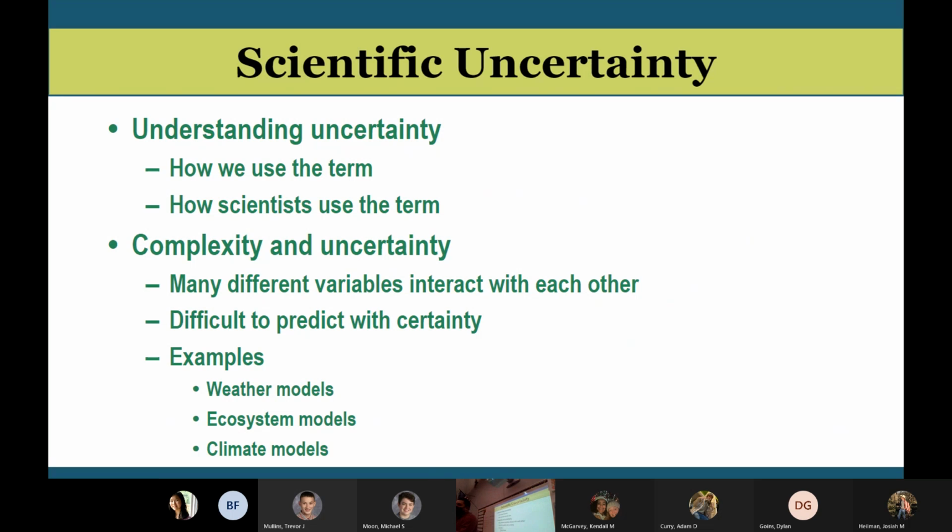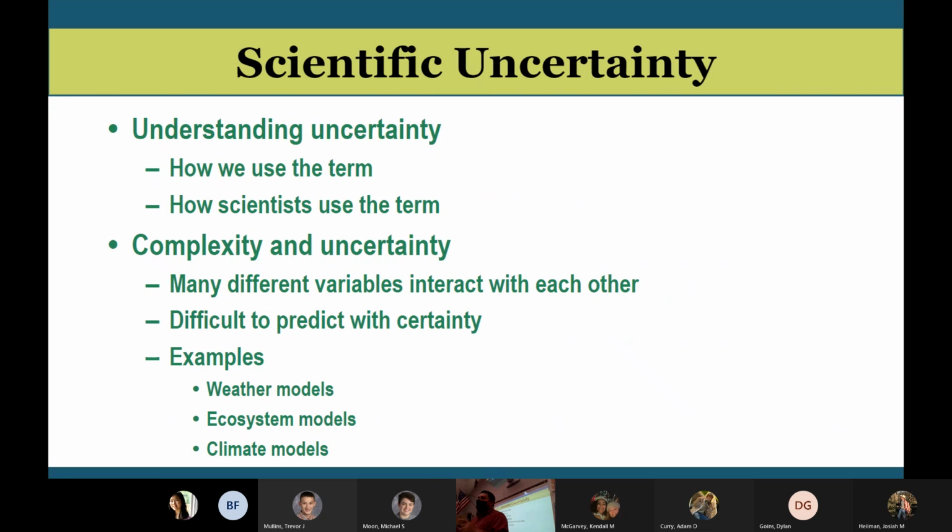So again, we said that all models are incorrect, but it doesn't mean that you can't use them to make predictions and make observations. There will always be uncertainty in science, and that's the awesome part about science. There's always uncertainty. There's always going to be things that we can do better and learn from. Okay? So, how we use the term of uncertainty is important, and how scientists use that term is important, because again, it doesn't mean it's wrong.